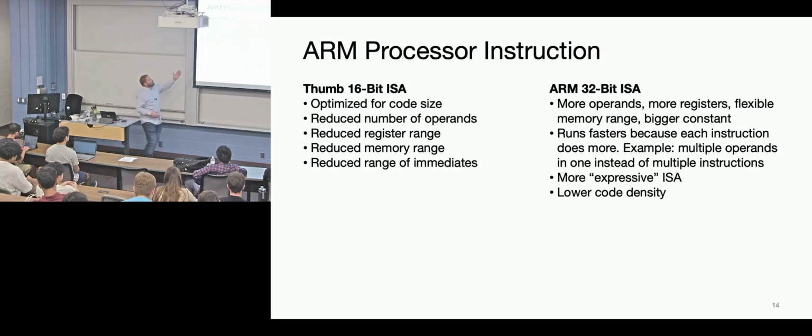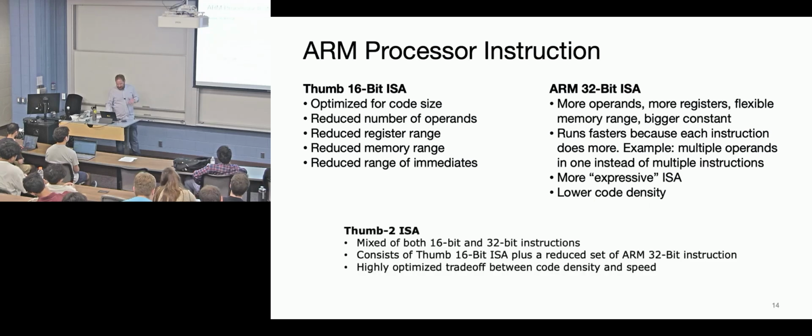So there's an advantage of having 16-bit instructions for code size. In this class, we're going to study the Thumb 2 ISA, which is a mix of both 16 and 32-bit instructions, which ARM claims outperforms everything. Of course they do, that's marketing. But they're going to say that we get the best of code size and speed by optimizing which instructions are going to be in their ISA.